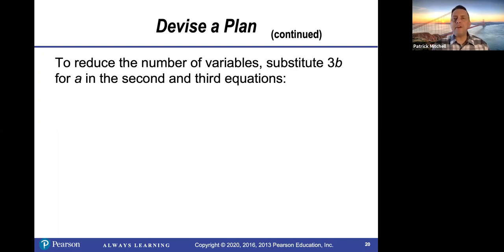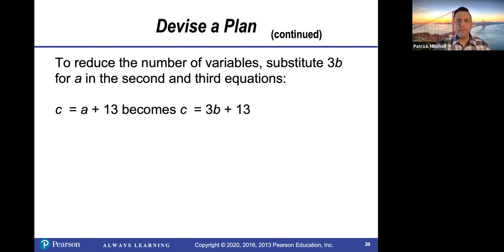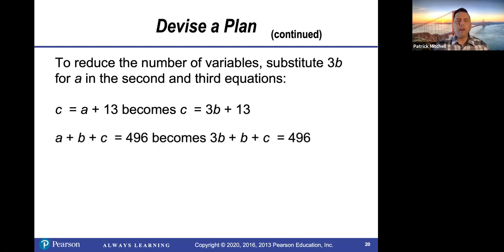To reduce the number of variables, we'll substitute 3B for A in the second and third equations. So C equals A plus 13 becomes C equals 3B plus 13. And A plus B plus C equals 496 becomes 3B plus B plus C equals 496.